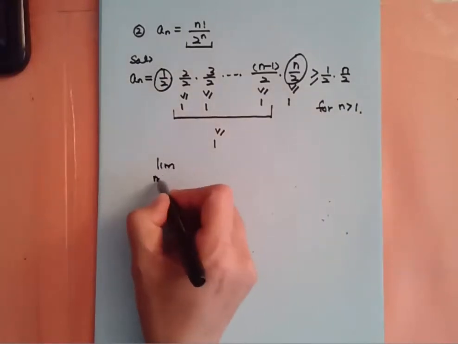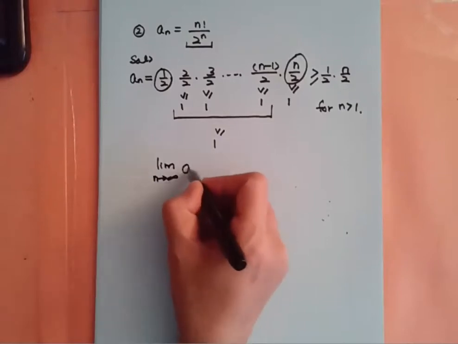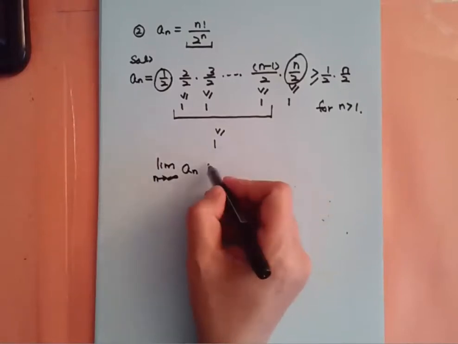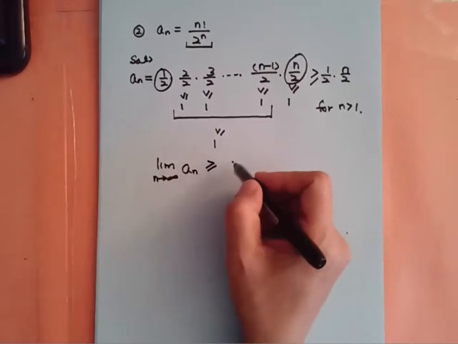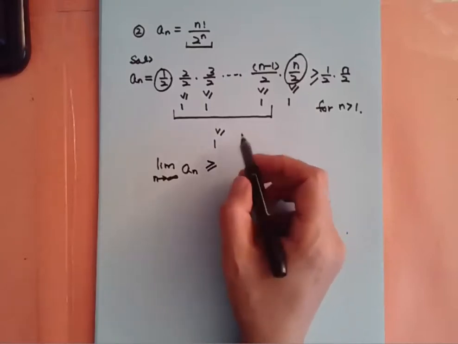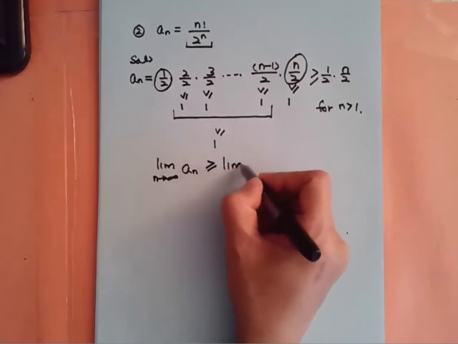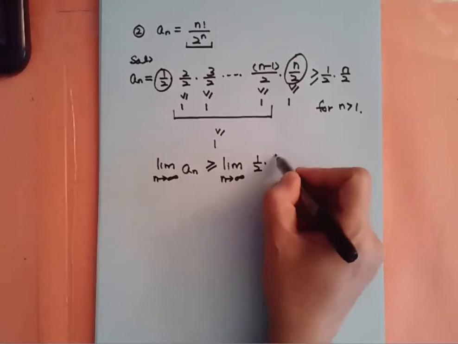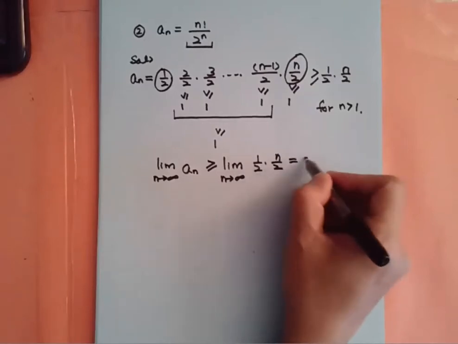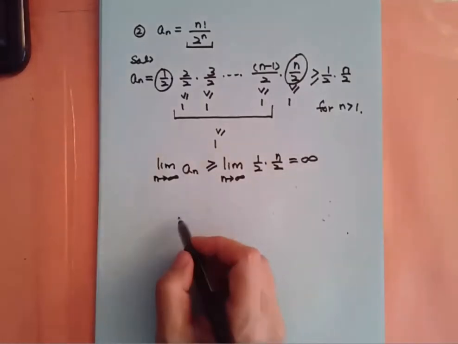So when the limit as n goes to infinity, the sequence a_n will be larger than the limit as n goes to infinity of 1 over 2 times n over 2. So that is infinity.